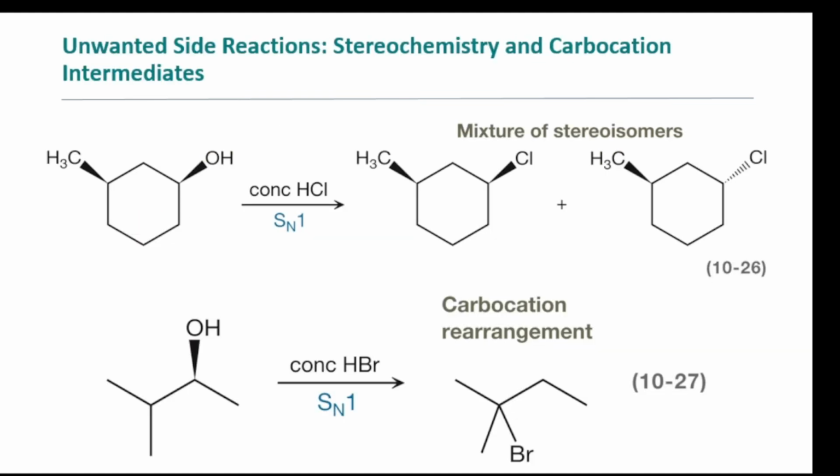Okay, so let's talk about some unwanted side reactions here and some of the stereochemistry and carbocation intermediates for this. So if we use concentrated HCl here, this can actually do the SN1 reaction as well. Okay, it can protonate this group right here. That's actually a pretty good leaving group, isn't it?